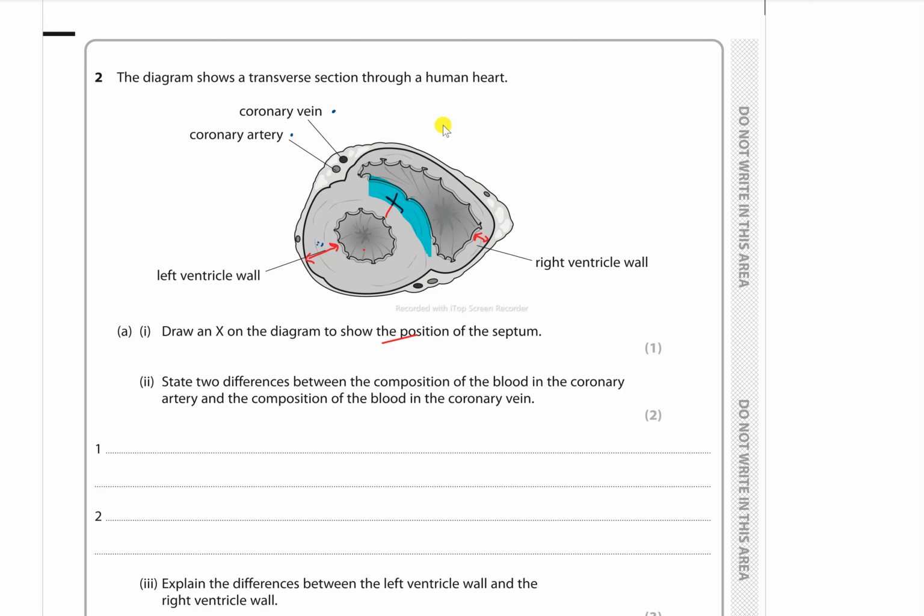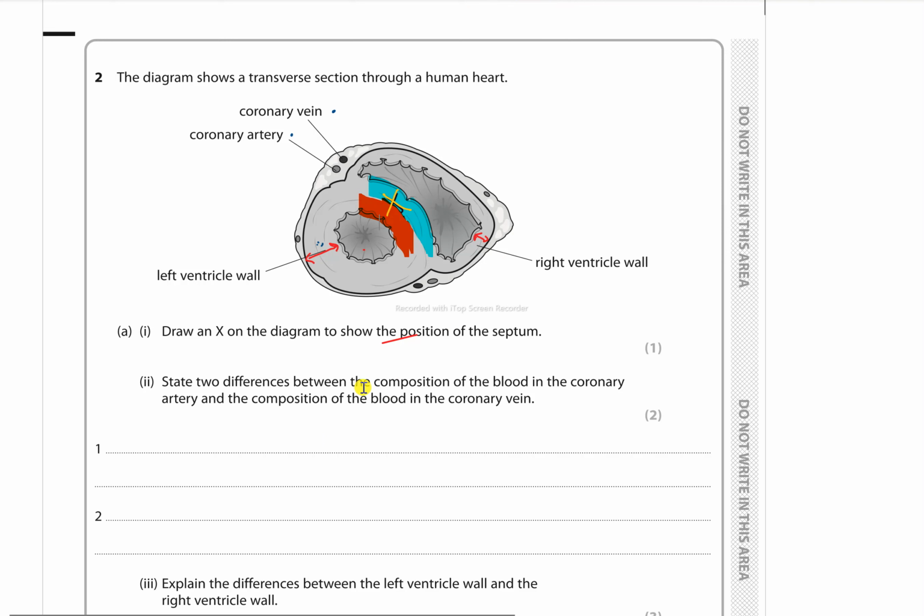So basically it's the walls connecting the two ventricles. That's what the septum is. And atria. So it's basically the walls that are connecting the chambers. That I did not know. And I've learned something new today. There you go. So that's what it is.